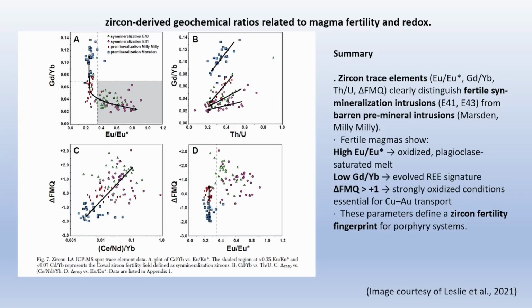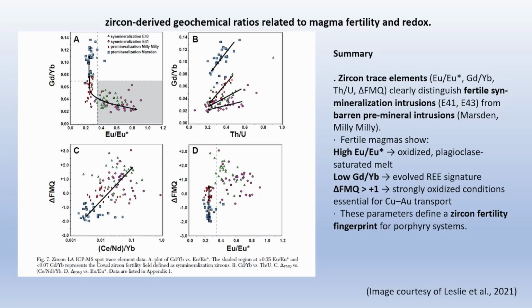What's interesting here is the distinct fertile zircon field, which appears in the upper left in the shaded gray area, where europium ratios are more than 0.35 and gadolinium/ytterbium are less than 0.07. Only zircons from C mineralization E41, E42, and E43 plot here as green triangles and red diamonds.